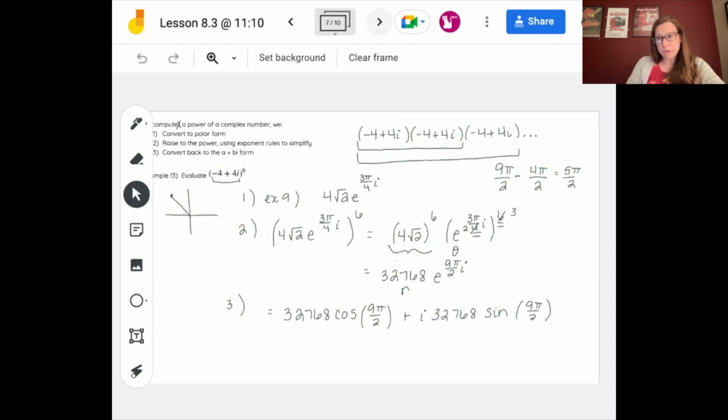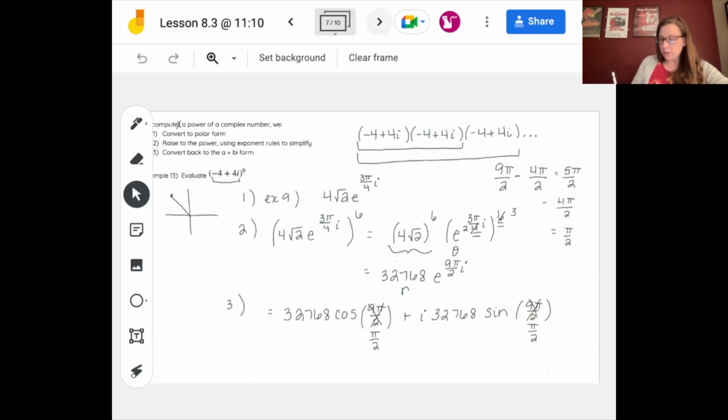Is that on our unit circle? Maybe not. Subtract another 4 pi over 2. Well, now I'm at pi over 2. So these are all coterminal with pi over 2. And pi over 2 is on our unit circle, right? It's right at the 90-degree mark. So I can evaluate.